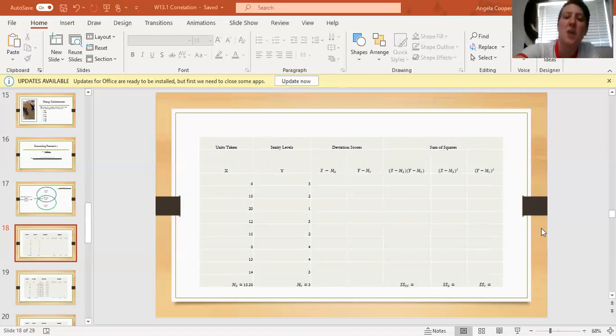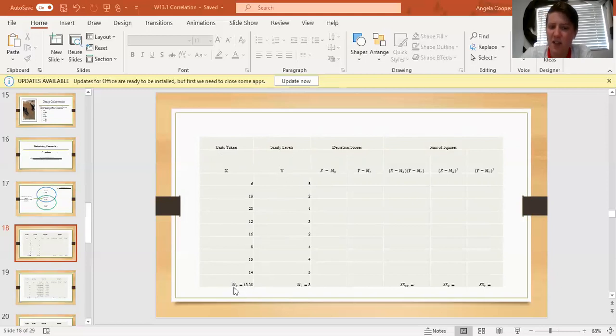Okay, so you notice that this table has some information. We have every individual person's units taken, and then the corresponding sanity levels. This M of X down here is just the mean of X. X is representative of our units taken, Y is representative of our sanity levels.